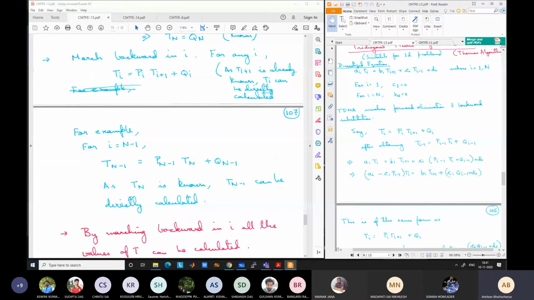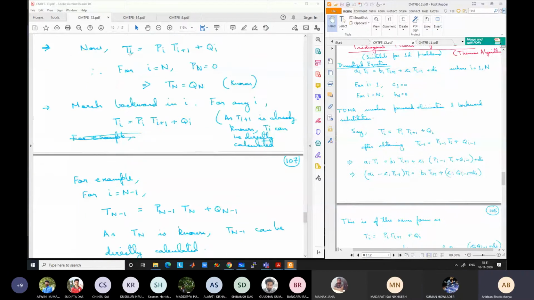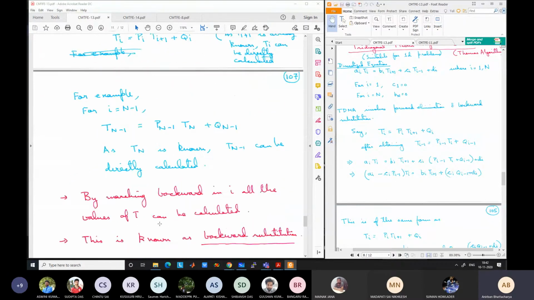Similarly, once Tn minus 1 is known, we calculate Tn minus 2. Tn minus 2 will be Pn minus 2 into Tn minus 1 plus Qn minus 2. Because Tn minus 1 is known, we get Tn minus 2. Like this you move backward in i. Is it clear to everyone?